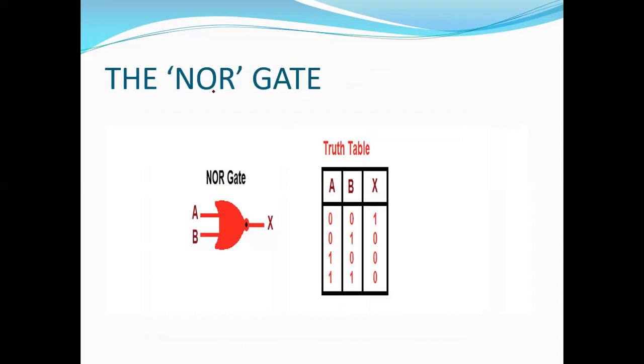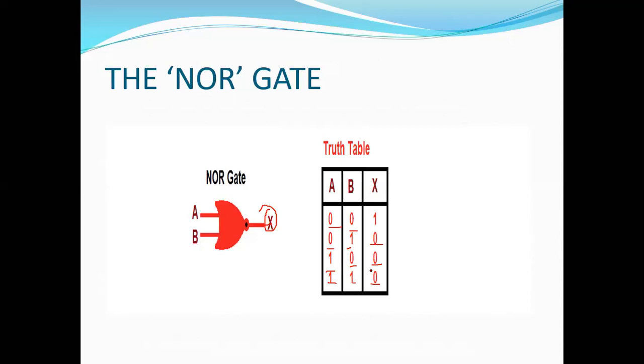So the last gate we are going to learn about is the NOR gate. From the name, you can remember NOR gate. NOR gate comes from OR, but it's going to be the opposite of the OR. There is only one case where we are going to observe an output current, which is when there is no current flow in A and B. If there is no current flow in A and B, we are still going to have a current flow in the output X. If there is current flow even in one of them, A or B, we are not going to have any current.